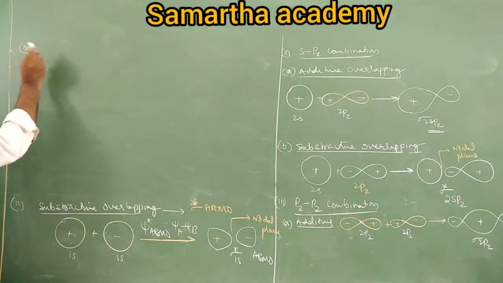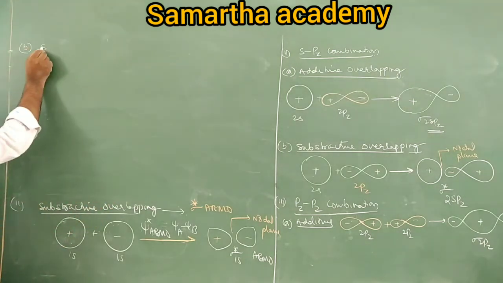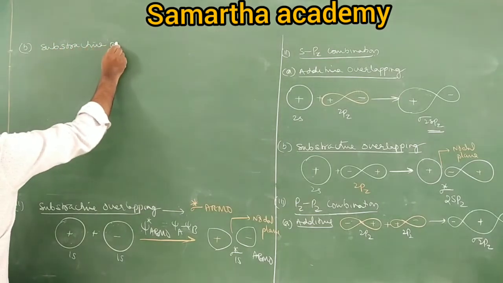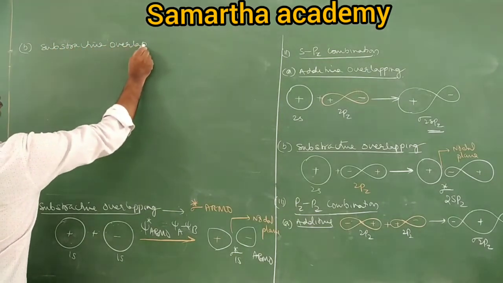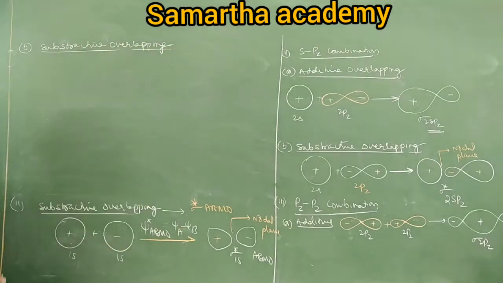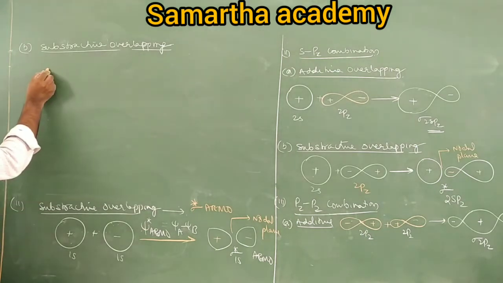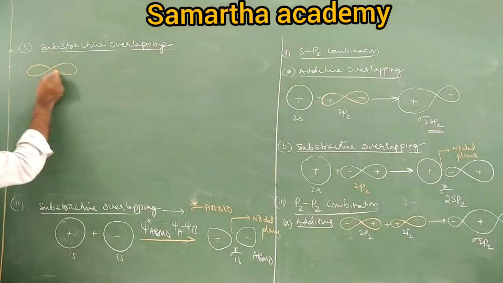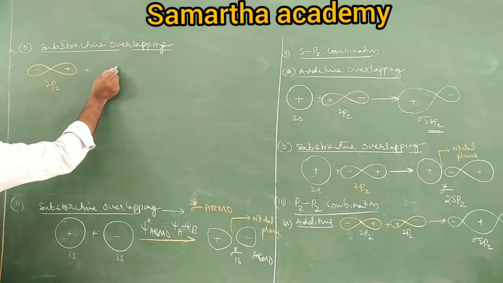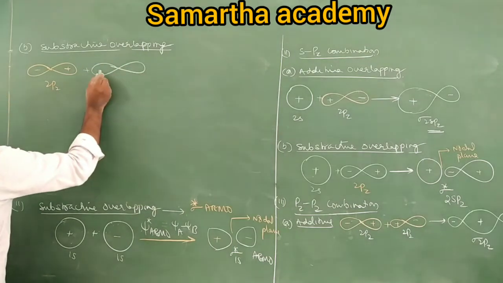B, subtractive overlapping. Tell me, in subtractive overlapping, the pz orbital of one atom overlaps with the pz orbital of another atom.